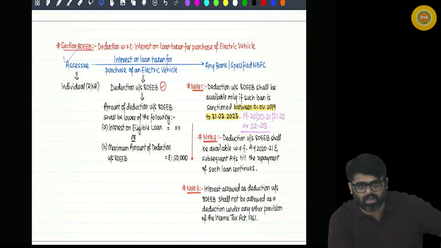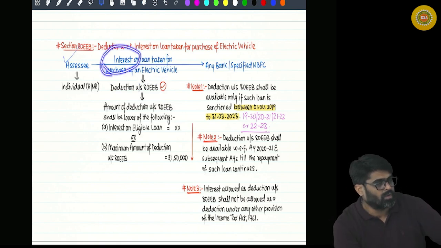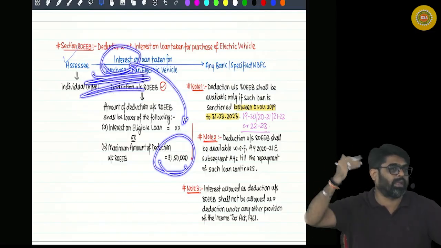Did they tell you electric car only? Or electric scooter only? Or electric vehicle? It can be any electric vehicle. Yes or no? Now to buy that electric vehicle, you took a loan, and on that loan, whatever interest you pay will be allowed under 80EEB, subject to maximum 1,50,000, provided this interest was not allowed in any other section.